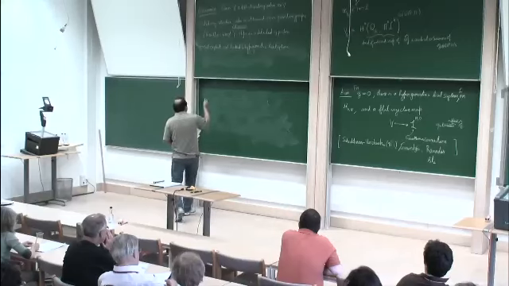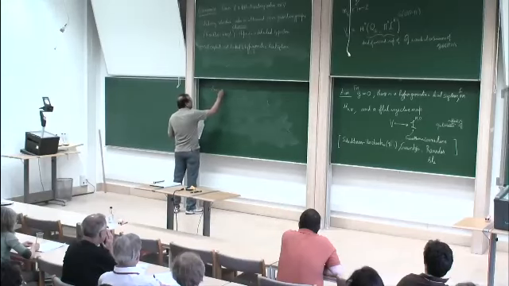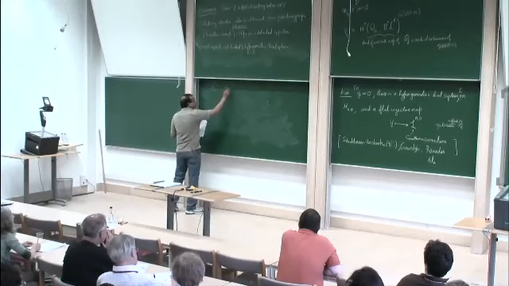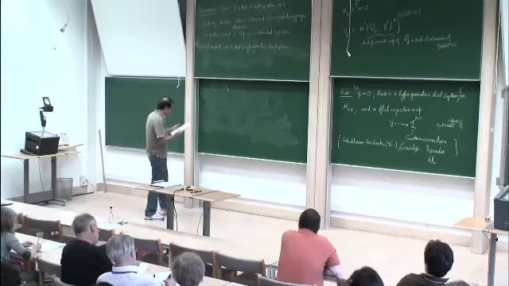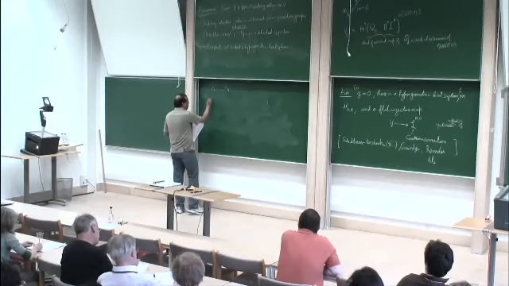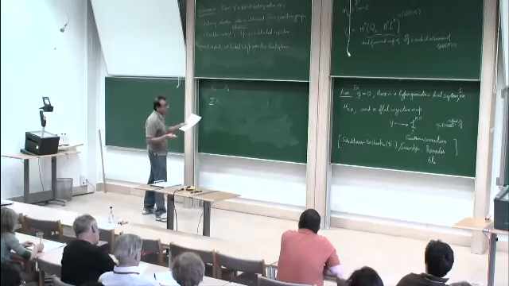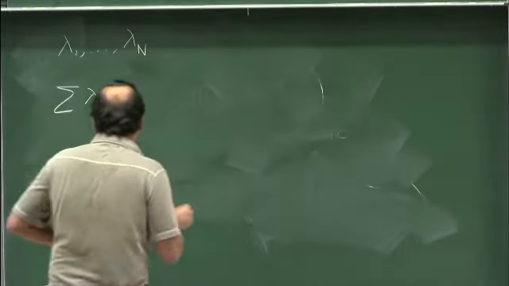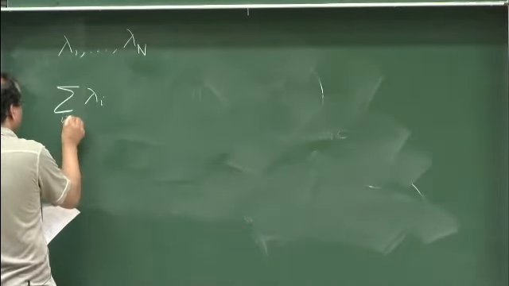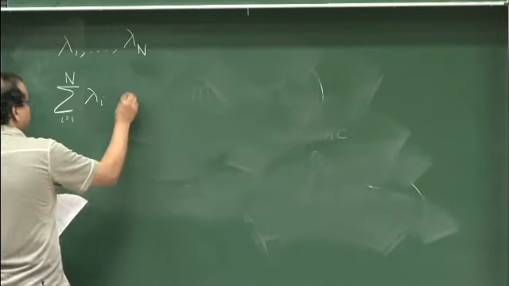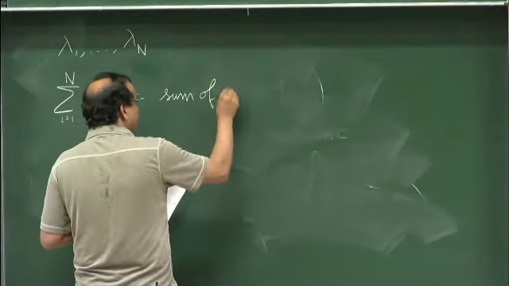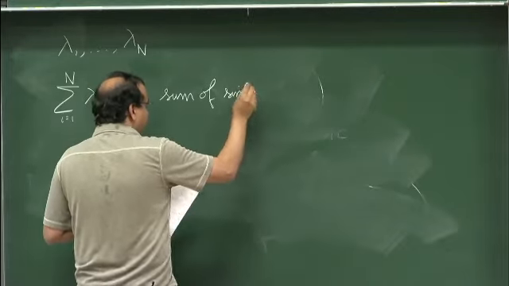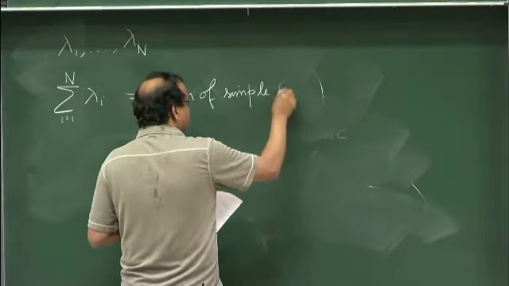In the beginning I had lambda_1 till lambda_n. Unless the sum of these is in the root lattice, the conformal blocks would be empty. So I'm going to make this condition: the sum over i equal to 1 to n is a sum of simple roots, perhaps with multiplicities, simple positive roots.